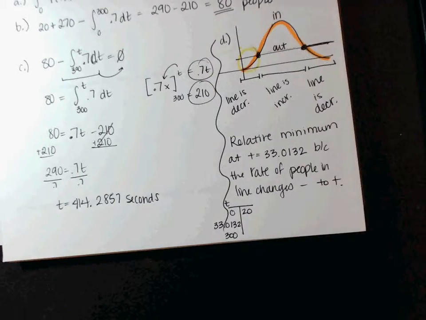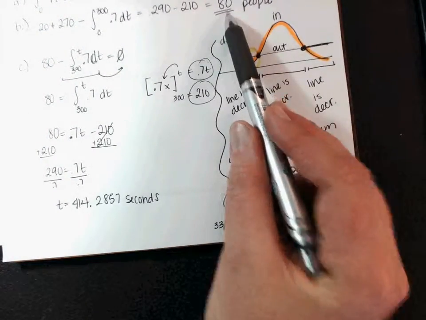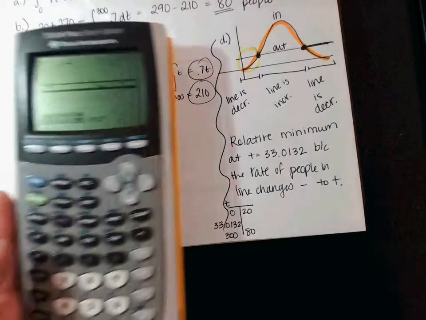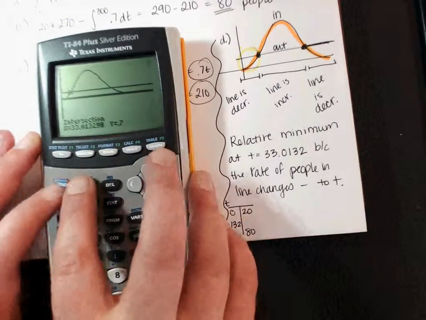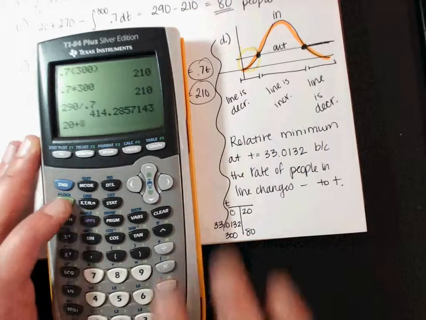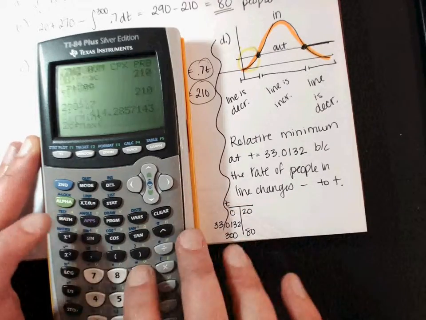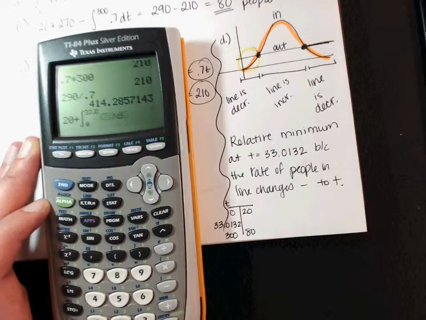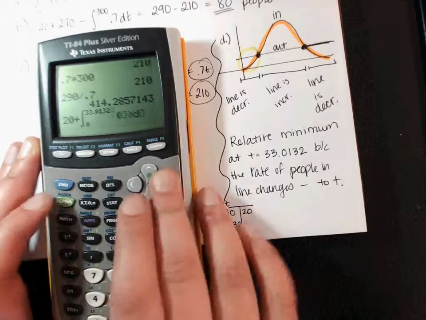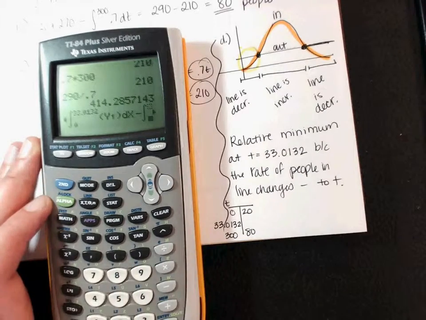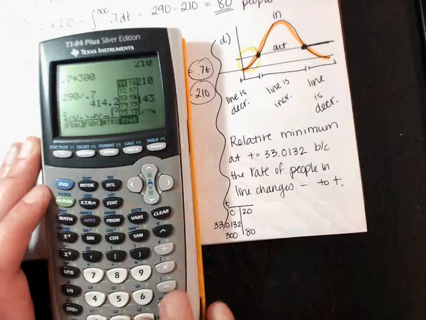Part B. There were 80 people in line. So really, the only value that I have to find is the value at that 33. I already knew the other two from the other parts of the question. So let's do it. I had 20 people in line plus, I need to integrate my y1 from 0 to 33.0132 of y1 dx, and then I need to minus the integral 0 to 33.0132 of my y2.